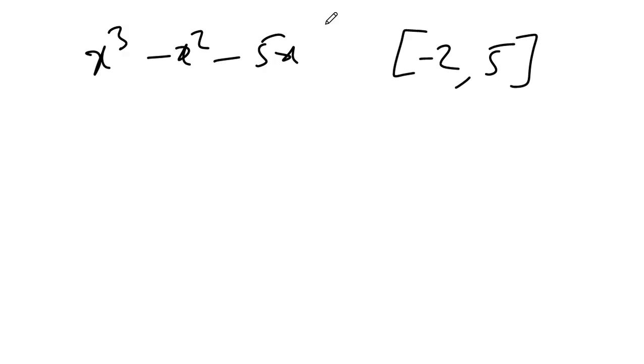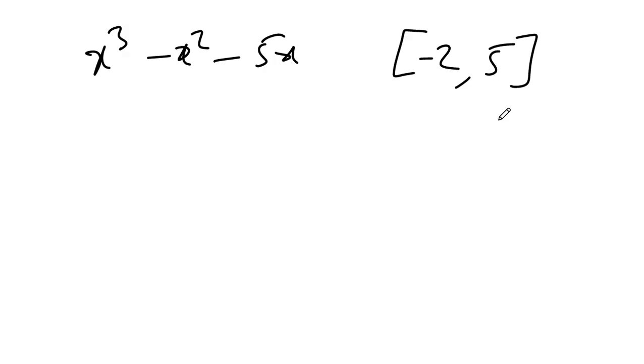There's a theorem that says that if you have a closed interval and the function is continuous in that closed interval, then it attains both the maximum and minimum points within that interval.